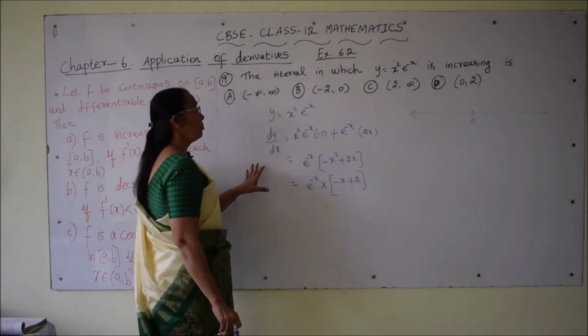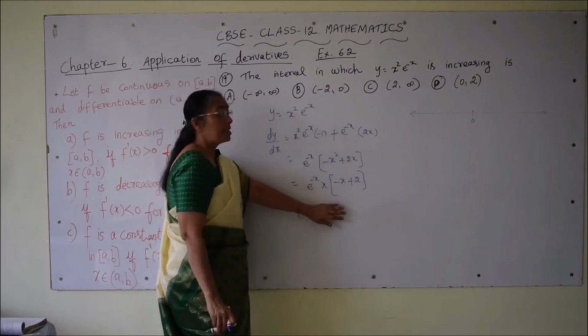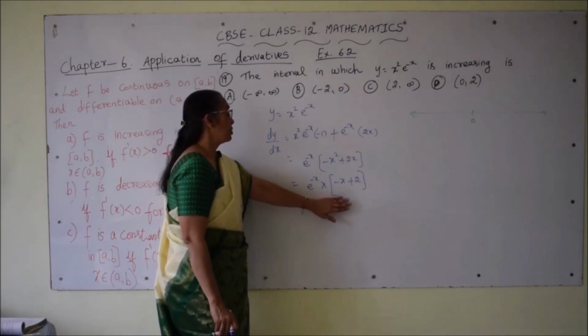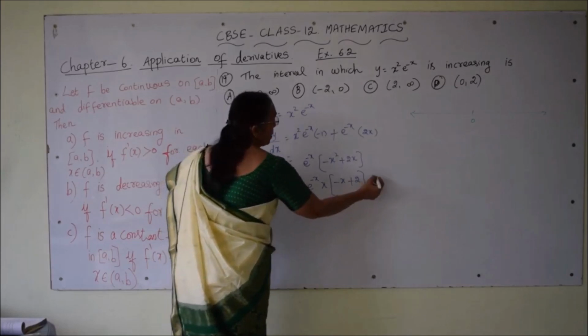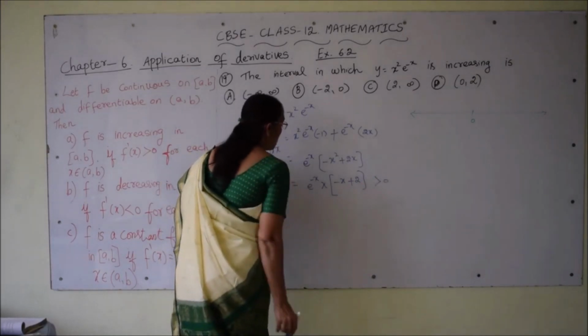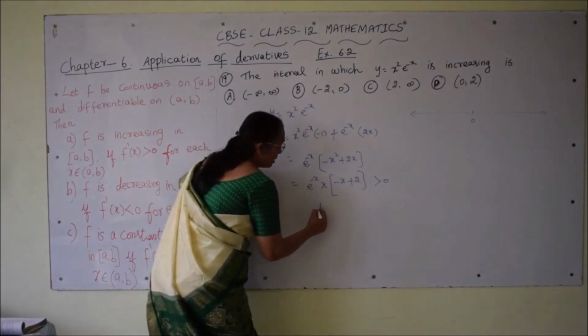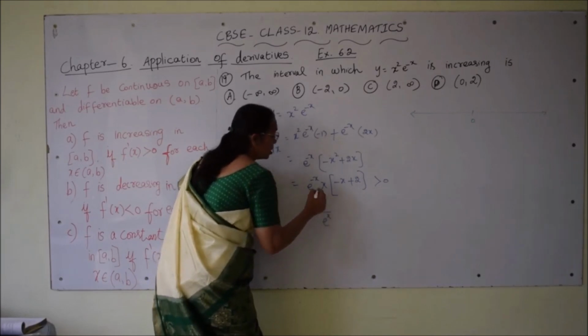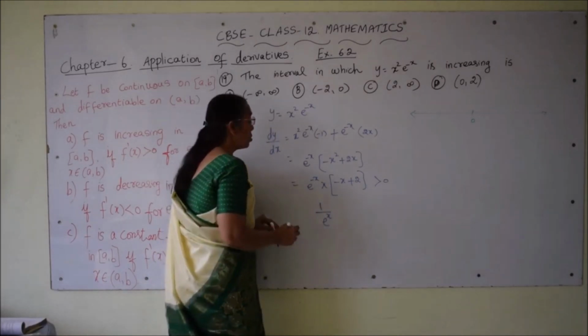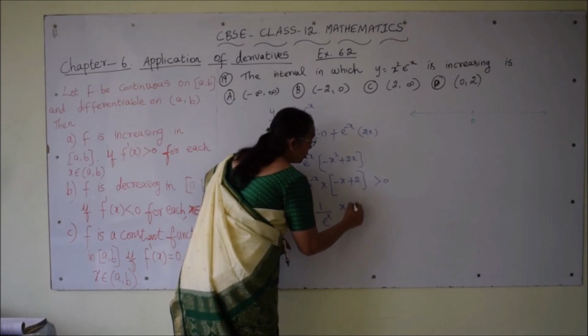Now, for increasing, this differentiation should be positive, greater than 0. e power minus x is nothing but 1 by e power x, which is always greater than 0, and then we have x of 2 minus x.